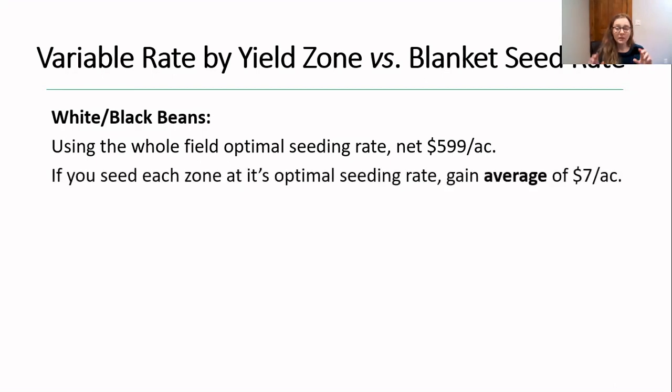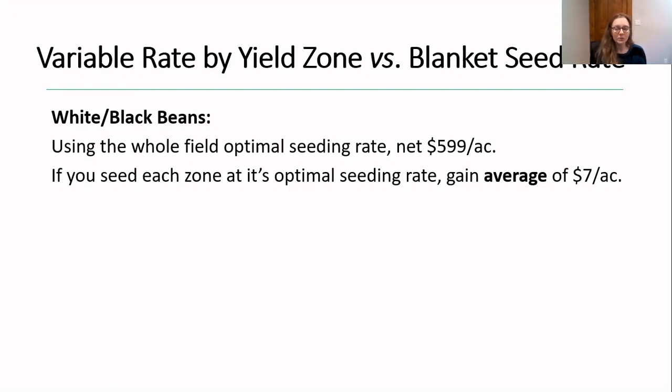Now, if we looked at that graph and picked the 3 optimal yields for the 3 different yield zones and seeded the field that way, we gained about $7 per acre. So that's not very much. It kind of tells us that in the white beans, there's probably not a lot of advantage to investing in VR equipment if we don't already own it, and trying to figure out what is the best seeding rate in all these different areas of the field.